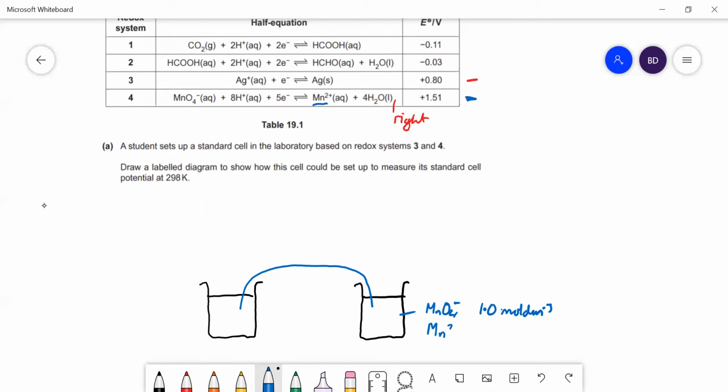That's probably manganese sulfate you'd use for that, and that's got to be 1 mole per decimeter cubed as well. And you'd also need some acid in there. So you want H plus ions, probably use sulfuric acid. So the H plus ion concentration is 1 mole per decimeter cubed also. Right, and we need something to connect that, and there's no metal there, so we need a piece of platinum.